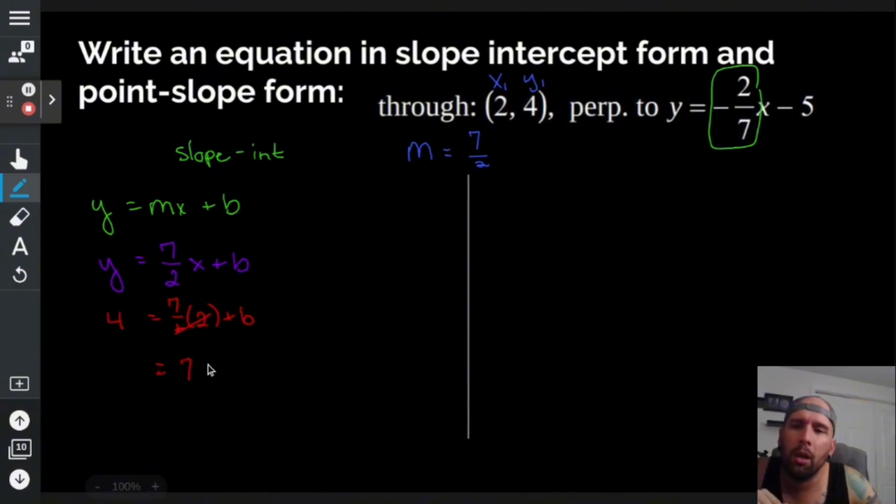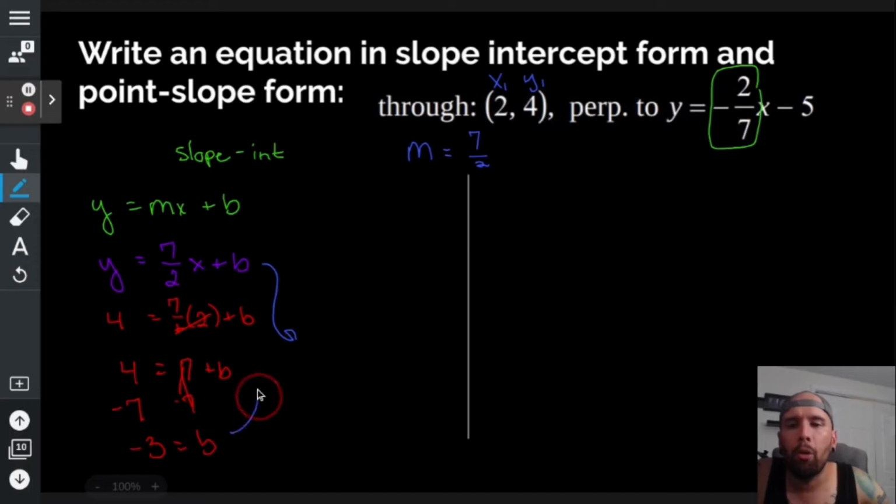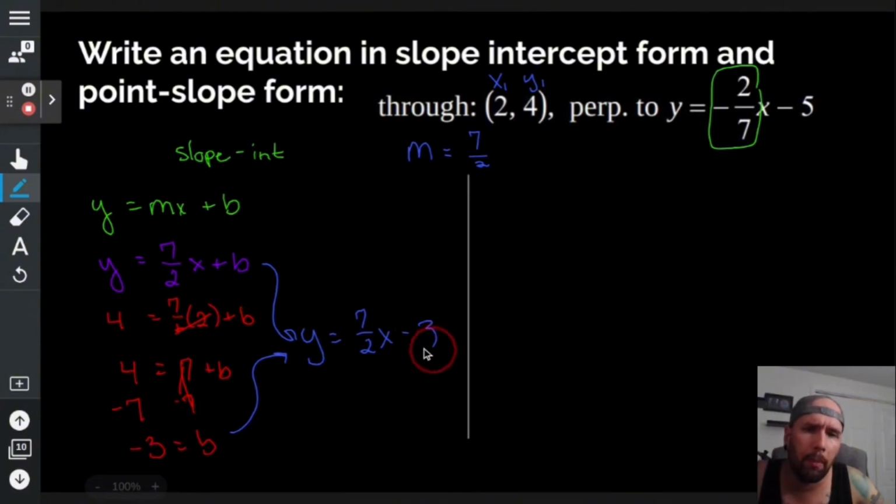So 7 plus b on the right side, 4 on the left. Subtract 7, and negative 3 equals b. Now that I have b, I can put it all together and say y equals 7 over 2 x plus b, which is negative 3, so minus 3.